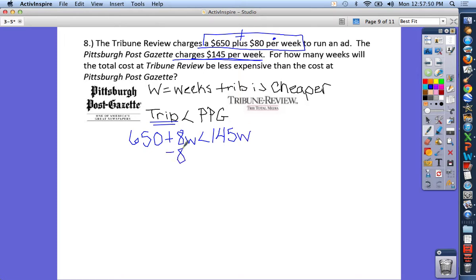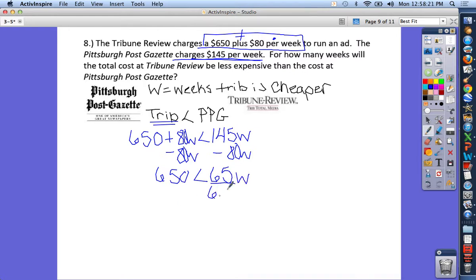So if I subtract 80W, I'm left with 650 is less than 145 minus 80, which gives me 65W.